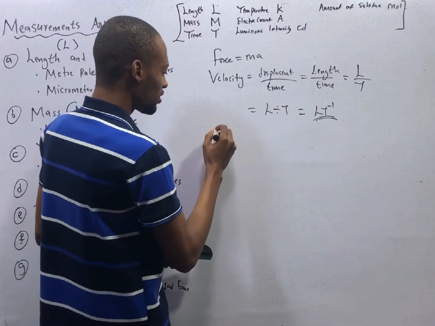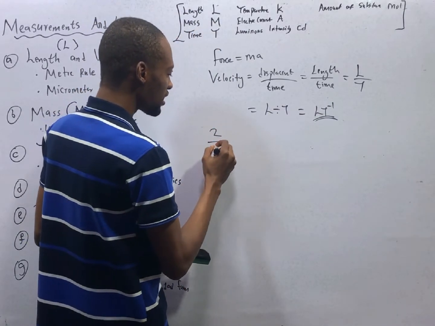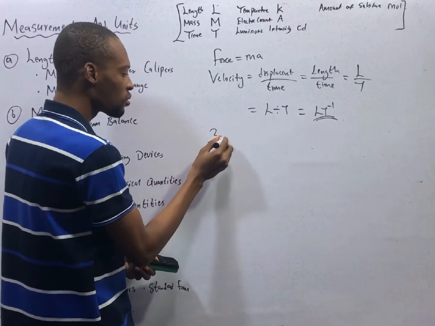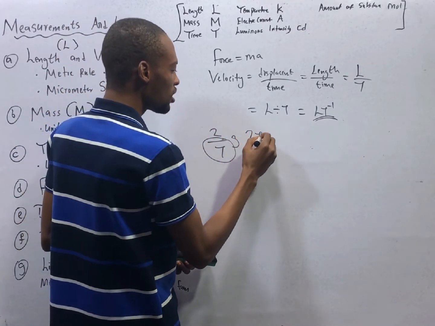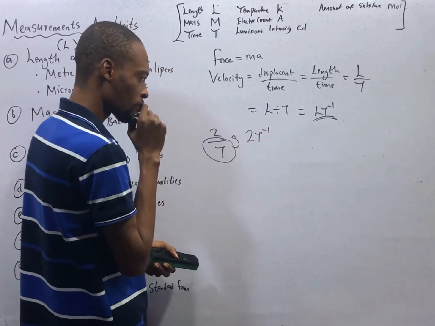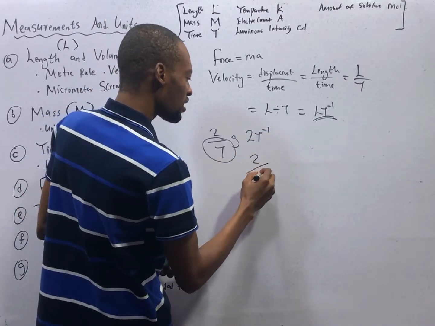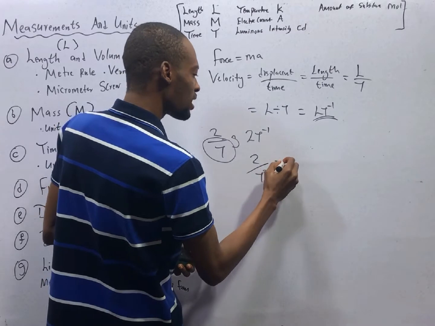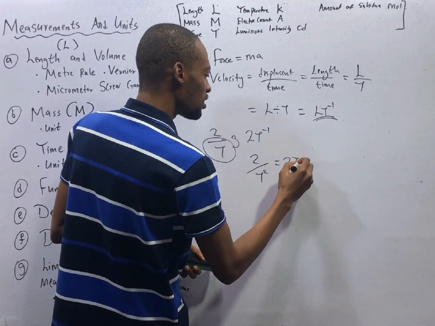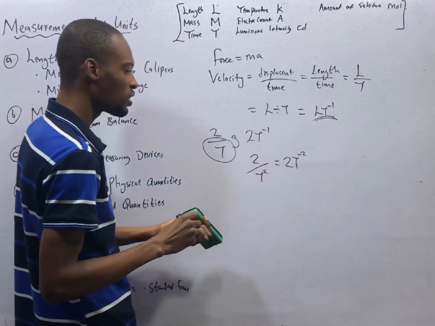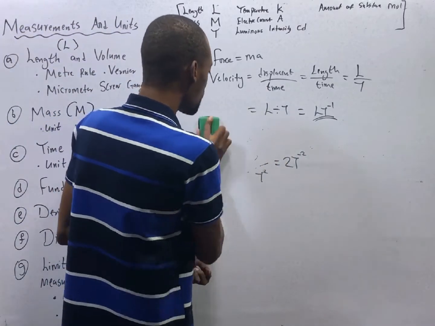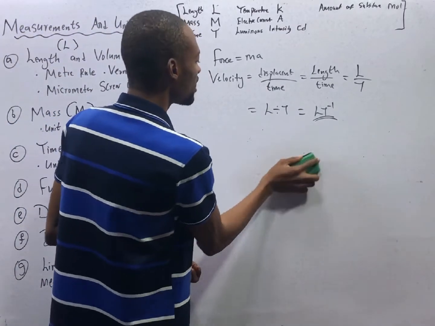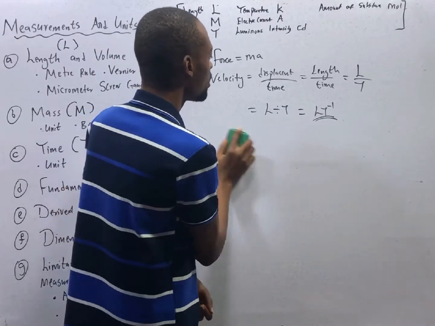If I say 2 over T, division, to bring this up, it is the same thing as saying 2 T raised to the power of minus 1. 2 over T squared is the same thing as 2 T raised to the power of minus 2. So when you bring the denominator up, it becomes negative. So talking about the concept of dimension, that is the dimension for velocity.